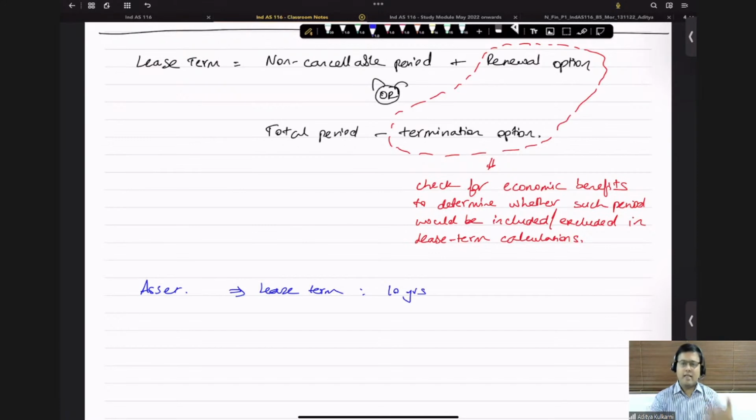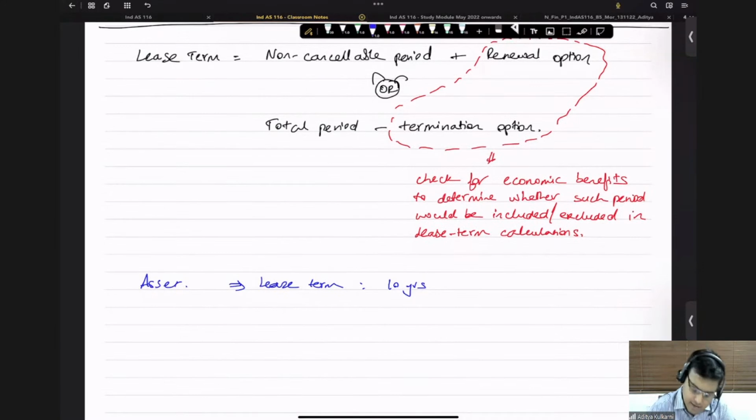I thought that you will have this asset for 10 years, so I recognized my asset and liability for a 10-year period. There is a termination option at the end of 5 years. But we thought at the initial stage that we will not be exercising this option, so we took a 10-year period.